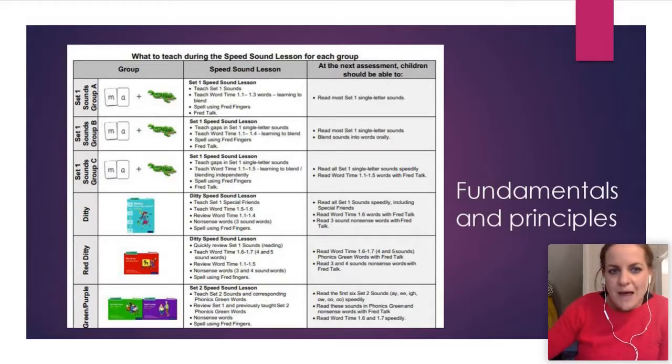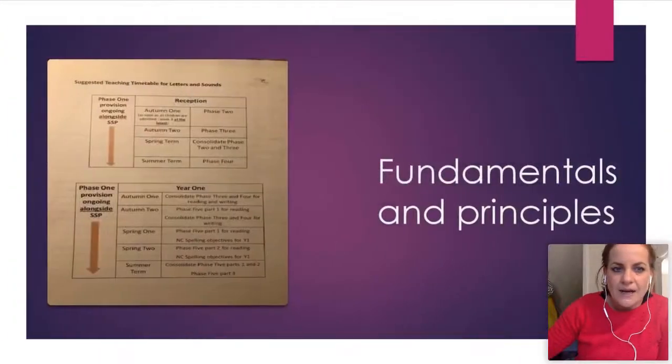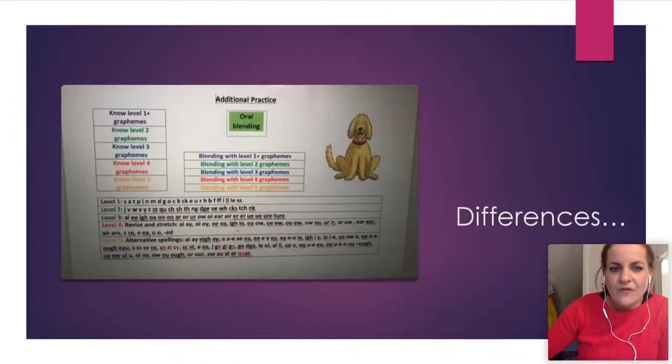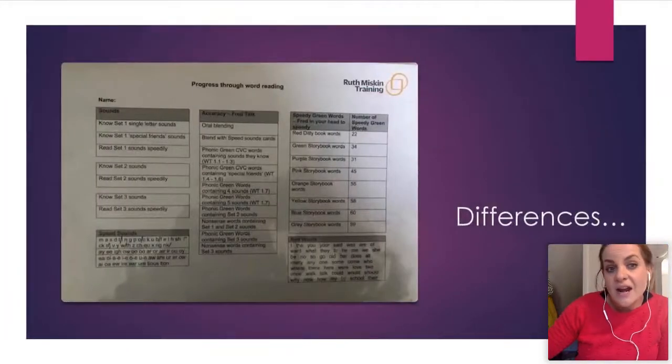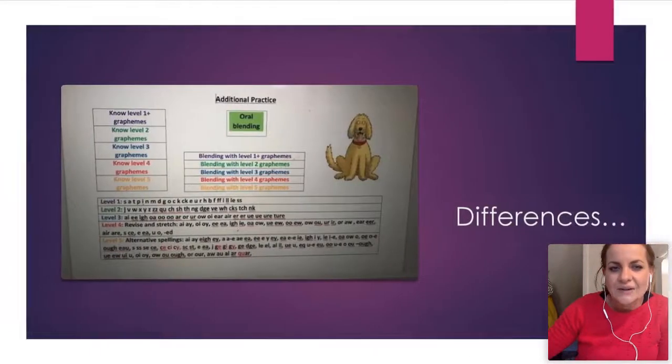Now, you imagine you've got practitioners delivering in one classroom elements of Read Write Inc. with Fred, and then in another classroom you've got a teacher using Floppy's Phonics, and then in another classroom you've got Read Write Inc. going on and Letters and Sounds.